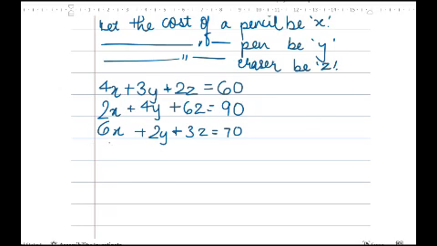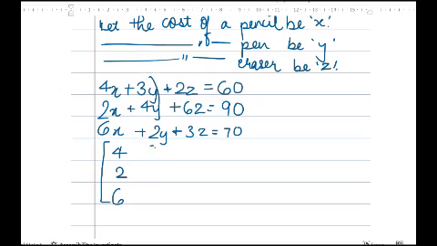So what will we do here? We will take a 3 by 3 matrix. In the first column, you will take all the coefficients of x. So you have 4, 2 and 6. In the second column, you will be taking all the coefficients of y.